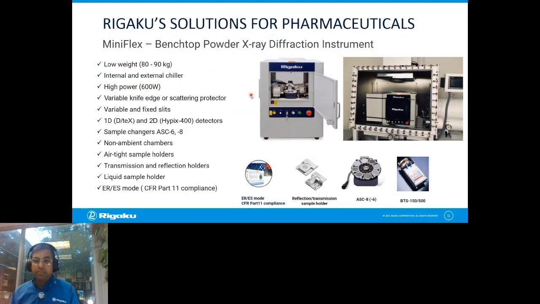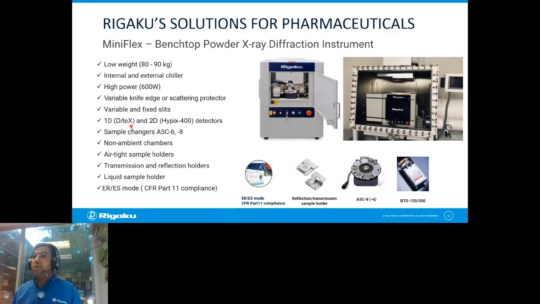MiniFlex, one of our benchtop instruments, along with other larger instruments, is very capable of performing a number of these operations. It has low weight, internal and external chiller, high power of 600 watts, variable knife edge or scattering protector. I welcome you to join our workshop and see that. Variable and fixed slits.